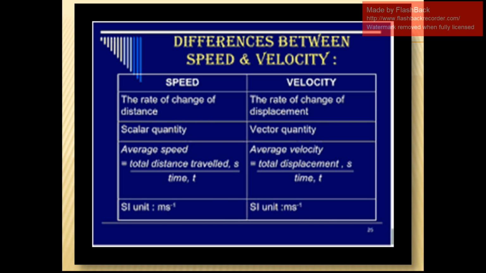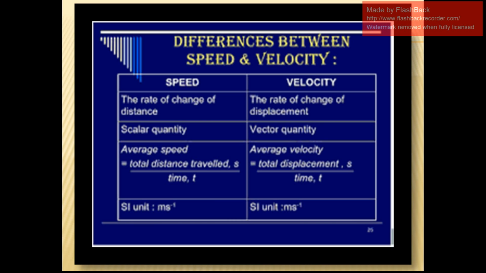Now let us learn about the differences between speed and velocity. Speed is the rate of change of distance. Velocity is the rate of change of displacement. Speed is a scalar quantity, velocity is a vector quantity. To find average speed, the formula is total distance traveled divided by time taken, as I told you before.